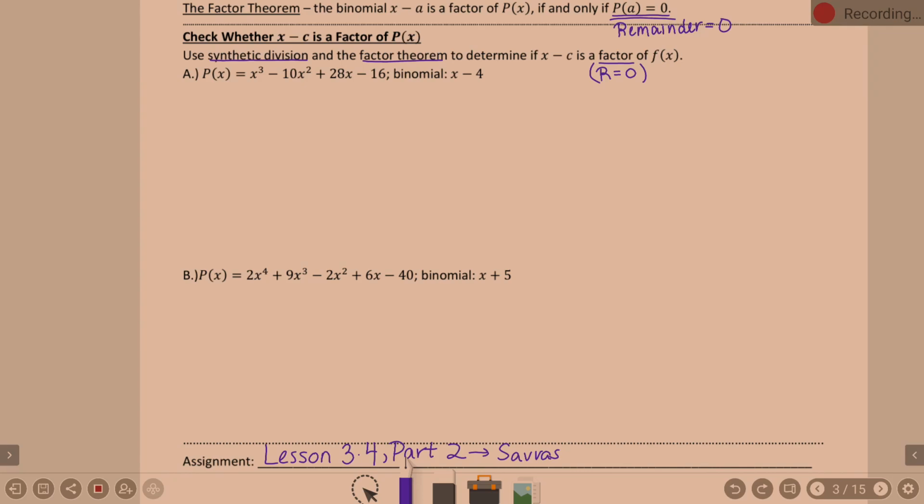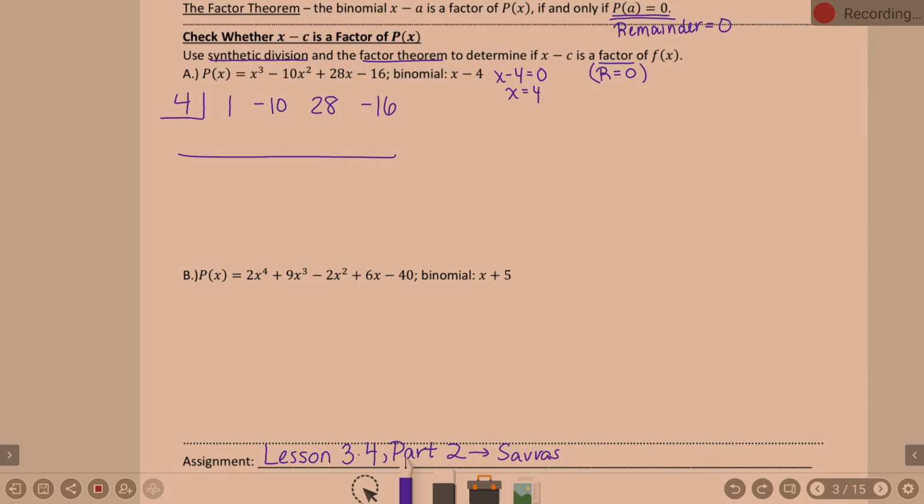So, what goes in my box? 4. Did you realize they gave it as x minus 4? This is where you use the opposite sign, right? Are we catching on? Okay, what goes next to my box? 1, negative 10, 28, negative 16. No missing terms there, right? It's x cubed, x squared, x, and constant.